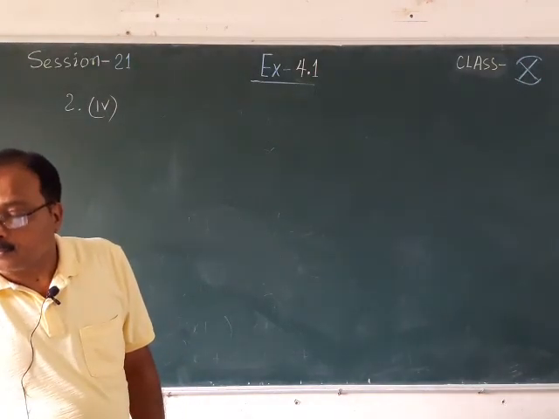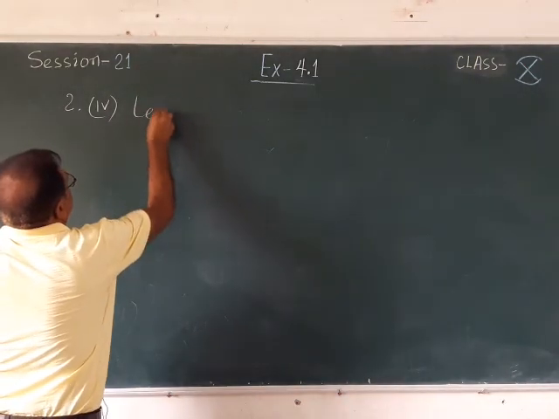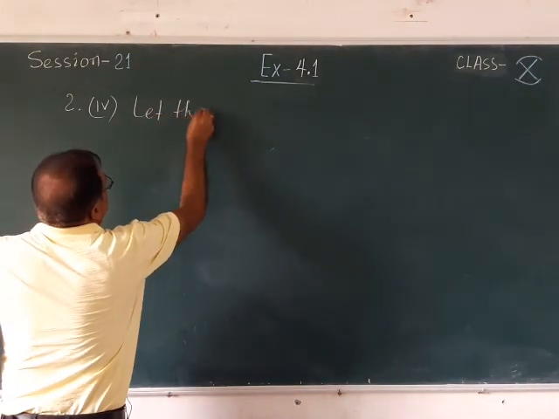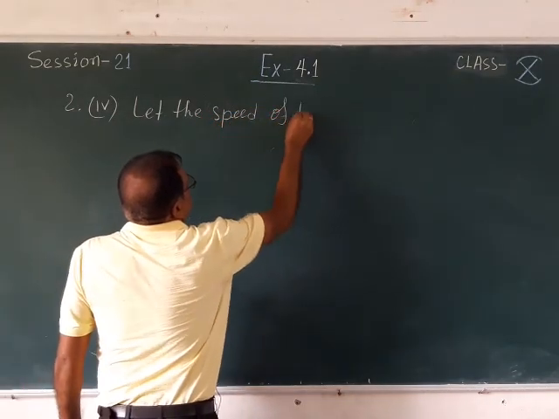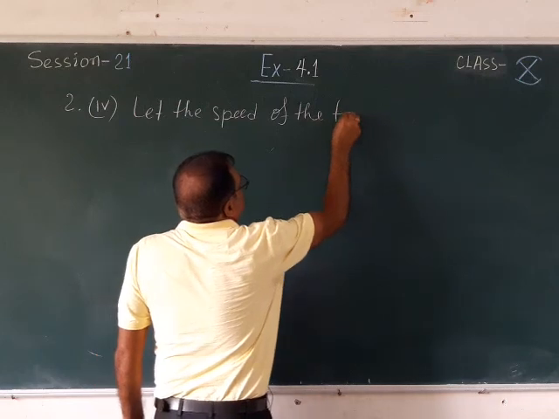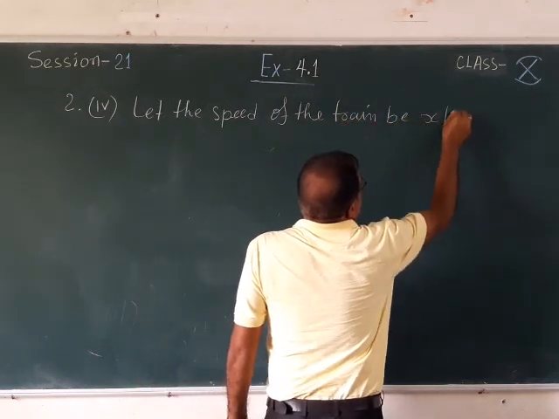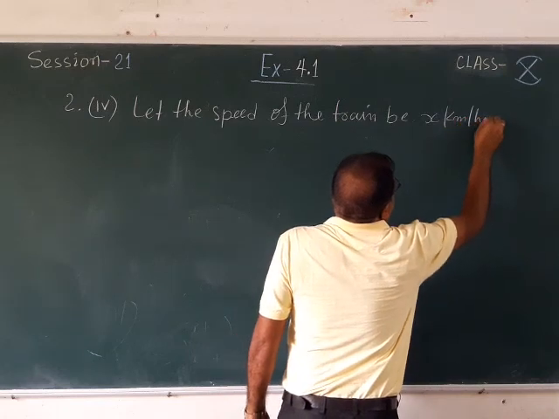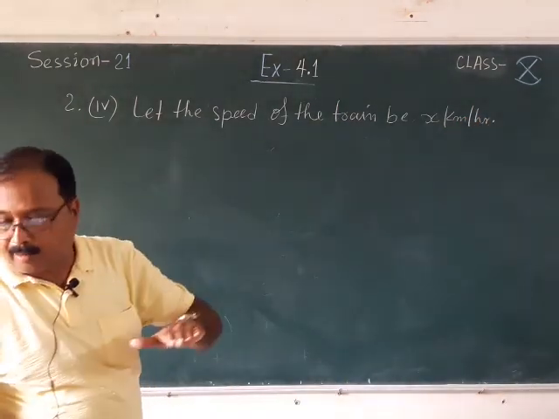Let the speed of the train be x km per hour. This is the train's usual speed, that is x km per hour.